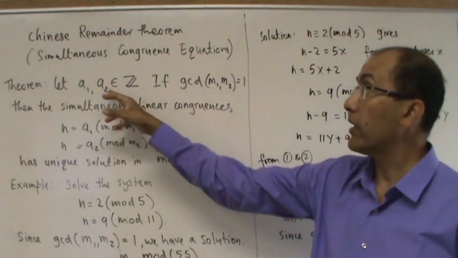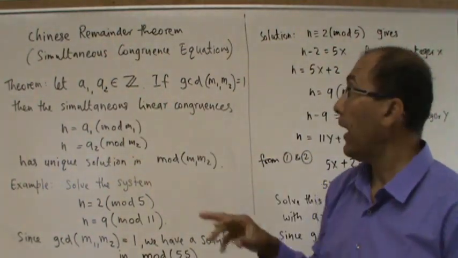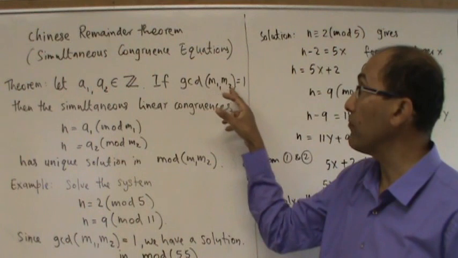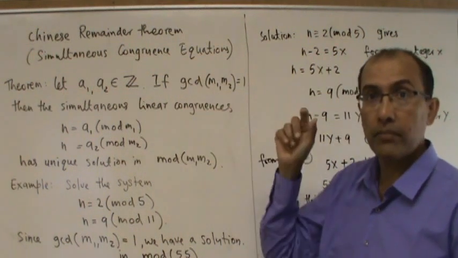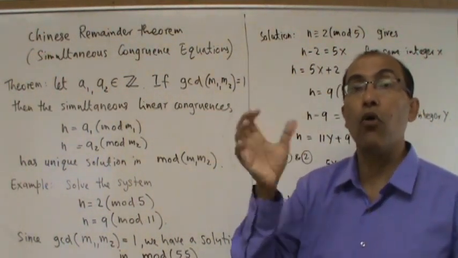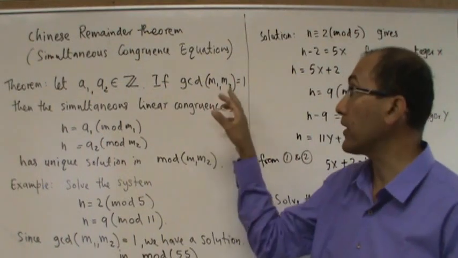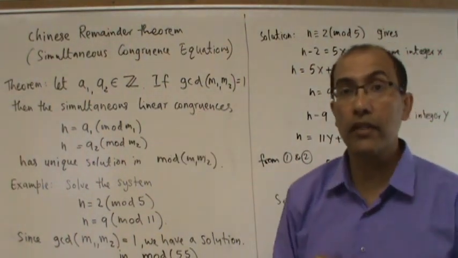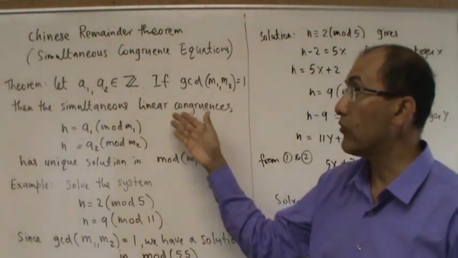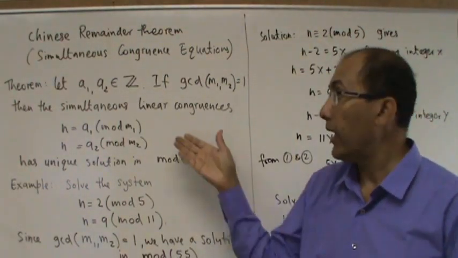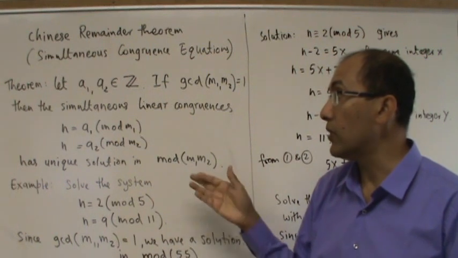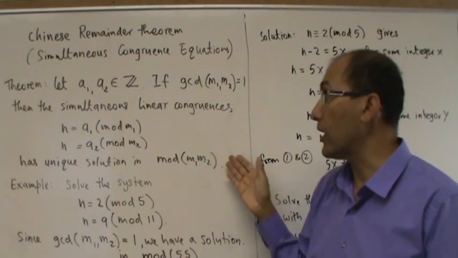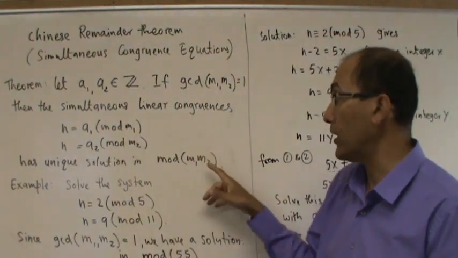So let a1, a2 be any two integers, and if GCD of m1, m2 is equal to 1, that means m1 and m2 are co-prime, they have no common factors except for 1, then the simultaneous linear congruence equations n equals a1 mod m1 and n equals a2 mod m2 has a unique solution in mod m1 m2.